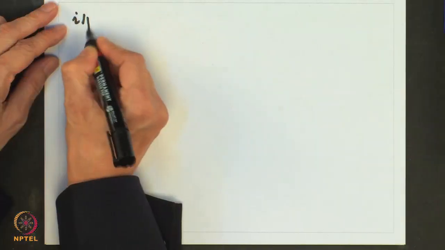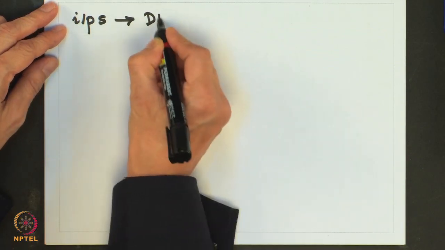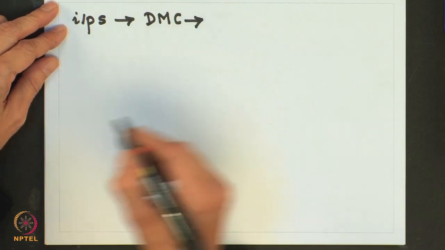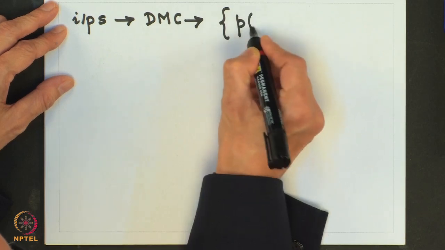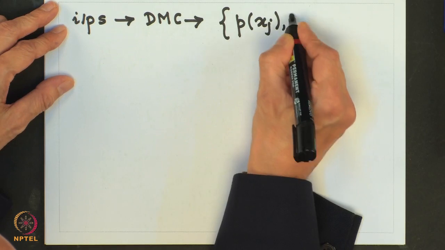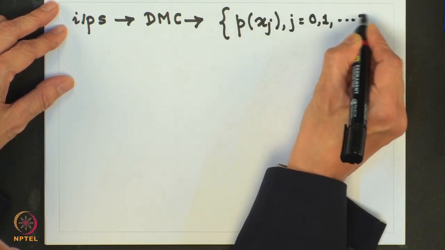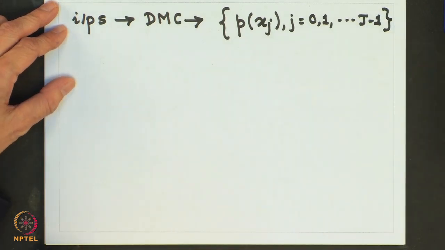Okay. So, the input to a discrete memoryless channel is selected according to the probabilities p(xj), j equal to 0, 1 up to J minus 1.